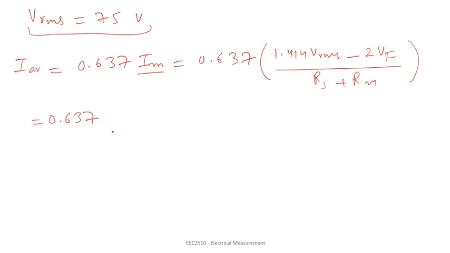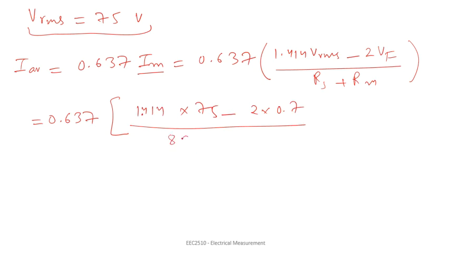So it will be 0.637 times 1.414 multiplied by 75 minus 2 into 0.7 divided by 890.7 kilo ohm plus 1 kilo ohm.